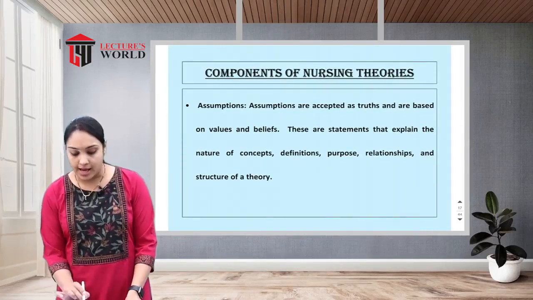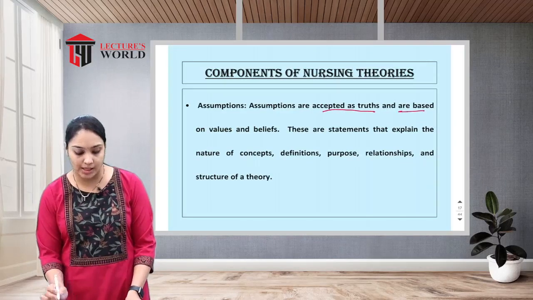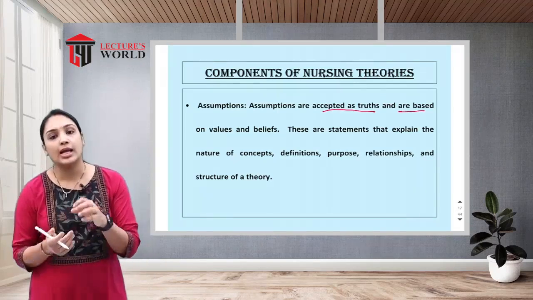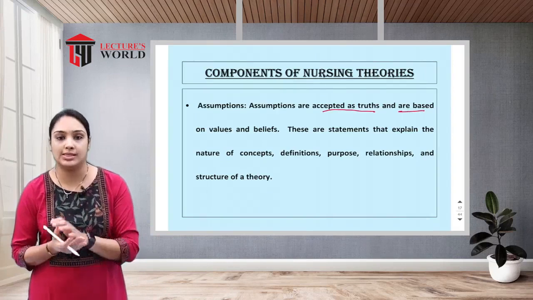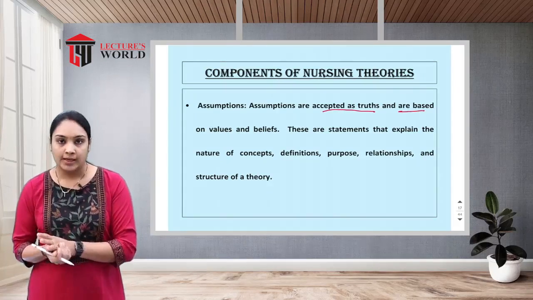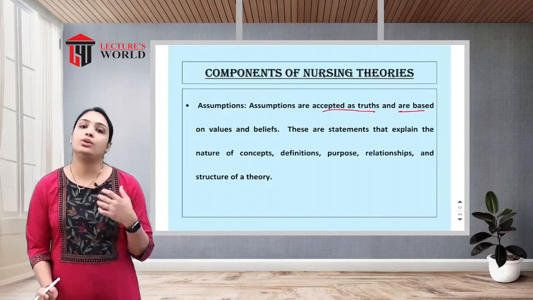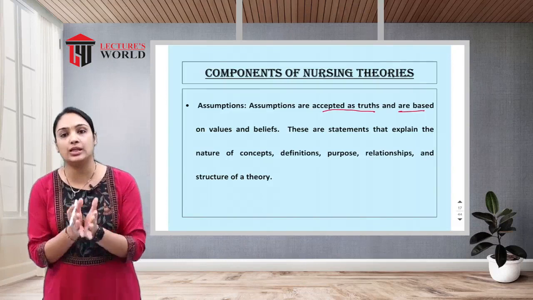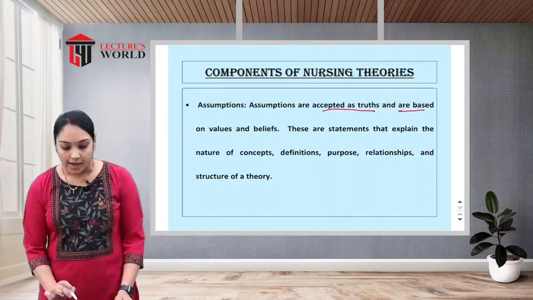Assumptions are accepted as the truth and they are based on values and beliefs. An assumption is a particular statement or thing we consider true, even if it is not tested. According to our values and beliefs, we consider it the truth. That is known as an assumption.